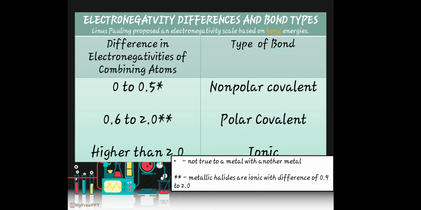So, if the electronegativity difference is from 0 to 0.5, the type of bond is nonpolar covalent. If the electronegativity difference of combining atoms is from 0.6 to 2.0, the type of bond is polar covalent. If it is higher than 2.0, it is an ionic bond.